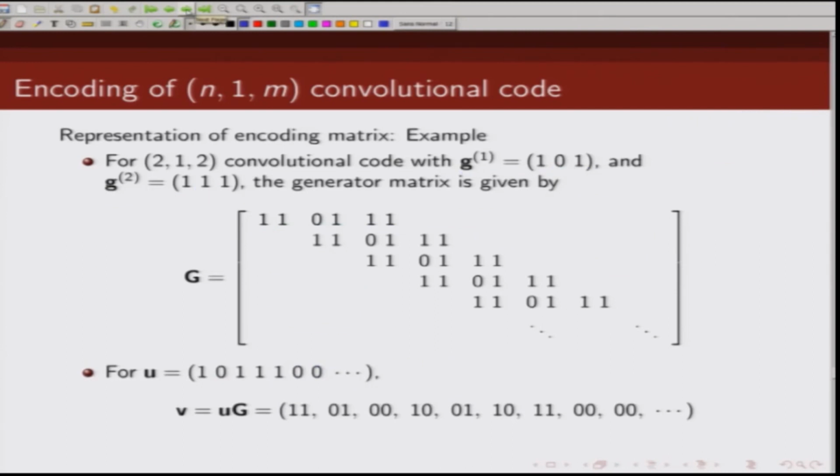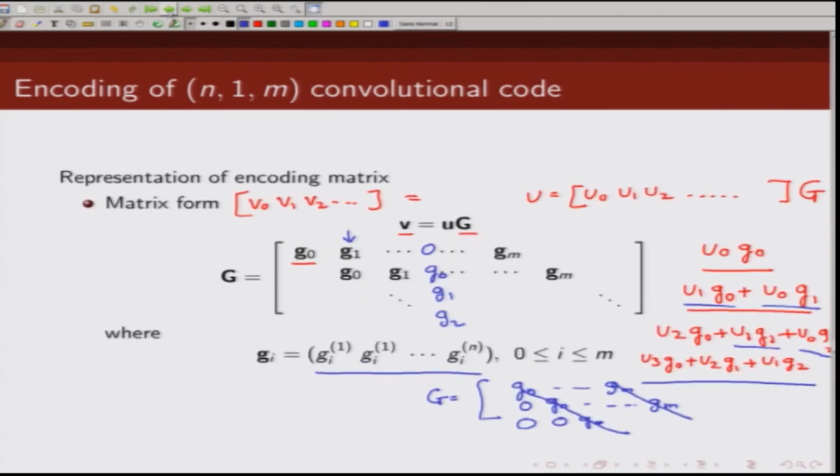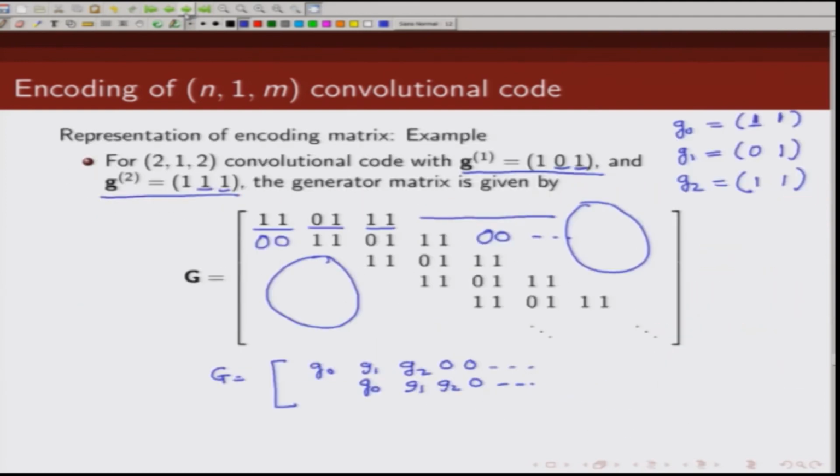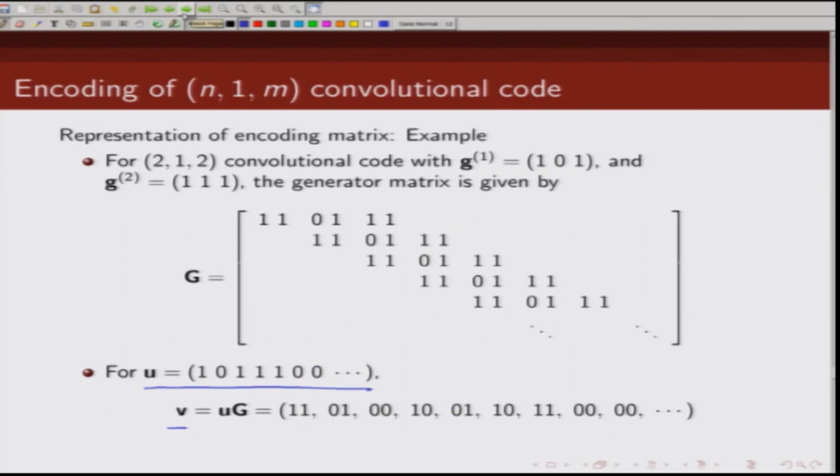Now, let us verify our coded sequence that we calculated last time. The coded sequence corresponding to this information sequence was given by this. Now, let us try using this generator matrix. So, if we use the generator matrix, then our first input is 1. So, 1 times G0, that is this. The next input is 0.